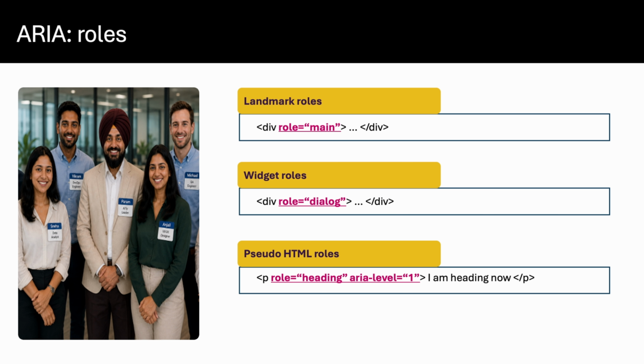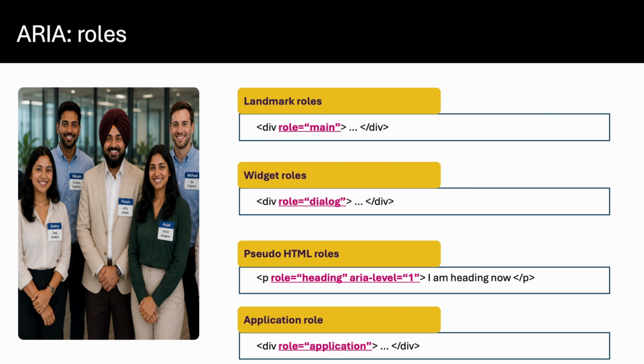Then we have roles that can give semantics to elements that do not naturally have them, like role heading with aria-level. And finally, there is role application, which is very powerful and very dangerous when misused. As we go through roles, keep asking, does native HTML already provide this role? If yes, use native HTML first. A role is the promise, and we will come back to that at the end.